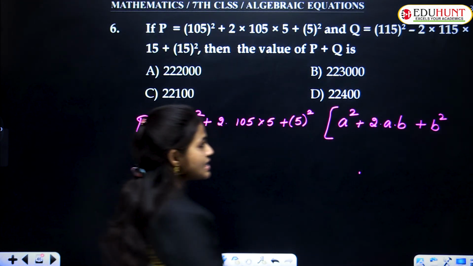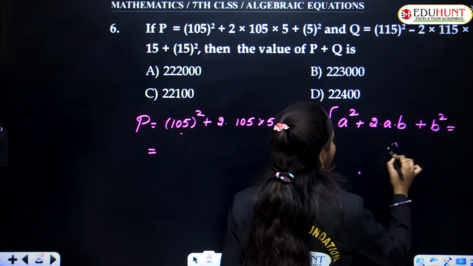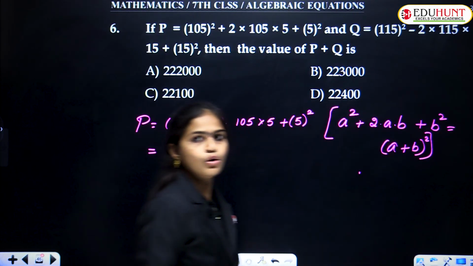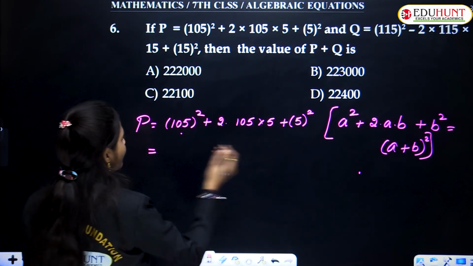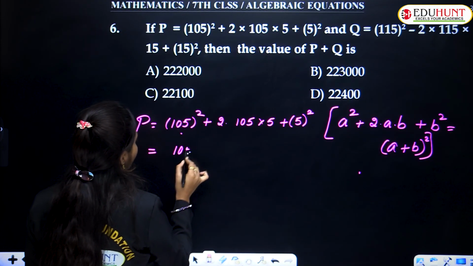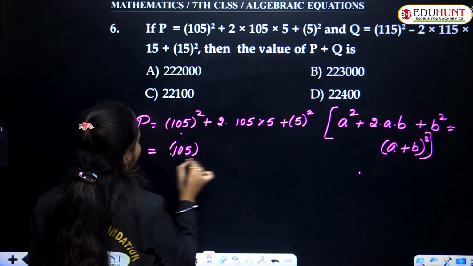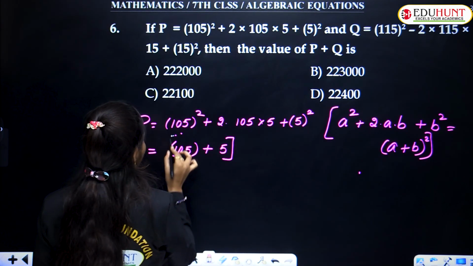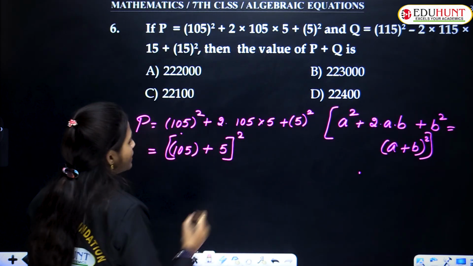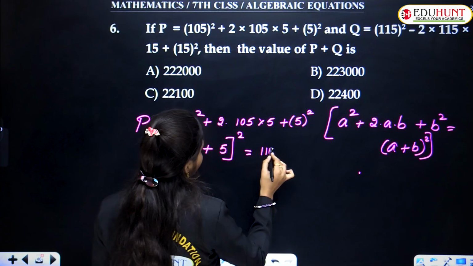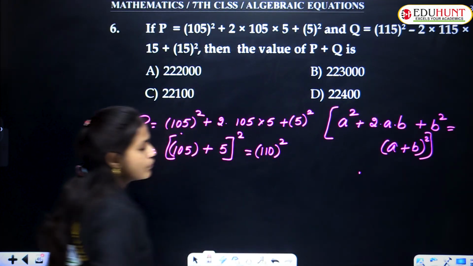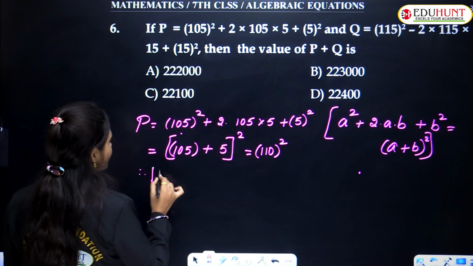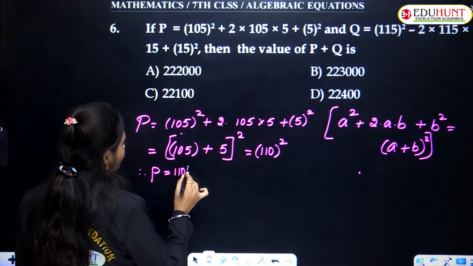So this is the algebraic identity of (A plus B) whole square. In that, A is equal to 105 plus B is equal to 5 whole square, which is equal to 110 whole square. That is the value of P. Therefore, P is equal to 110 square.